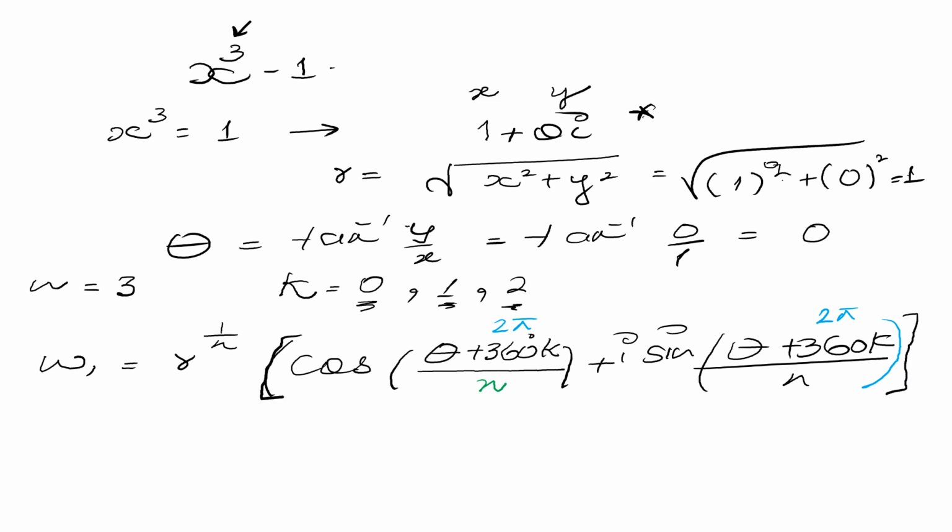Now after writing the formula, you have to write out the roots. So w equals w1. When you find the first root, the k value will be 0. For finding the second root, the k value will be 1. For finding the third root, you will put k as 2.